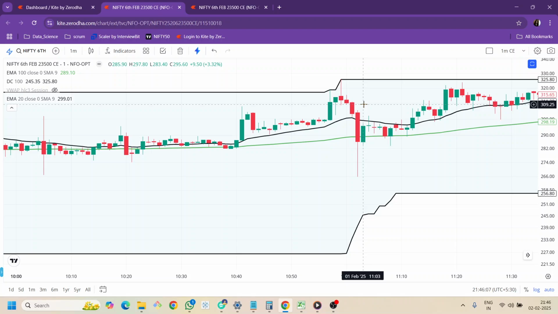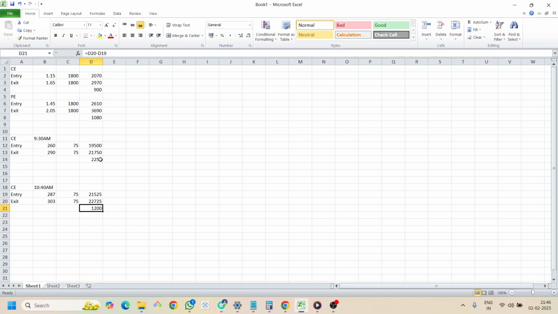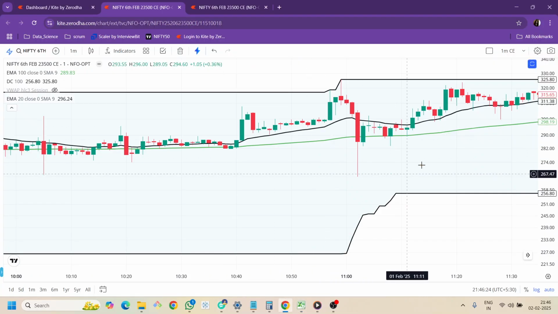I mean 9:30 to 10:30, 10:30 to 11:30, and 1 to 2. Between these three timings, you'll definitely get three opportunities to earn. If you get only one and earn 1,000 or 2,000 rupees, stop your trading and go enjoy your day.